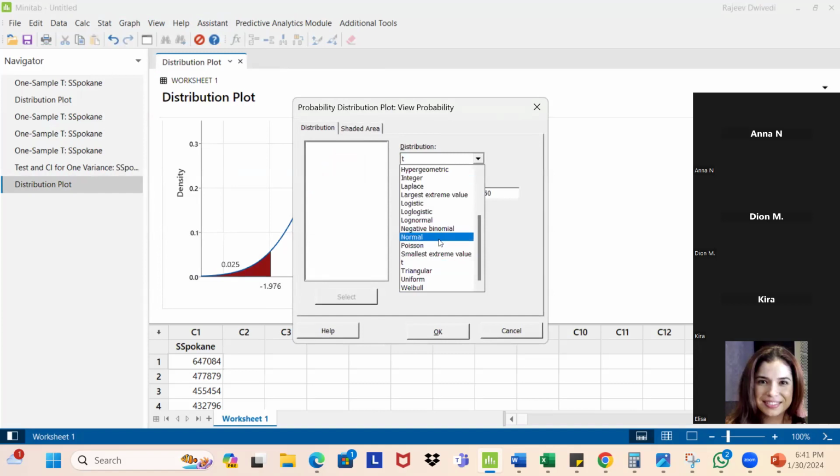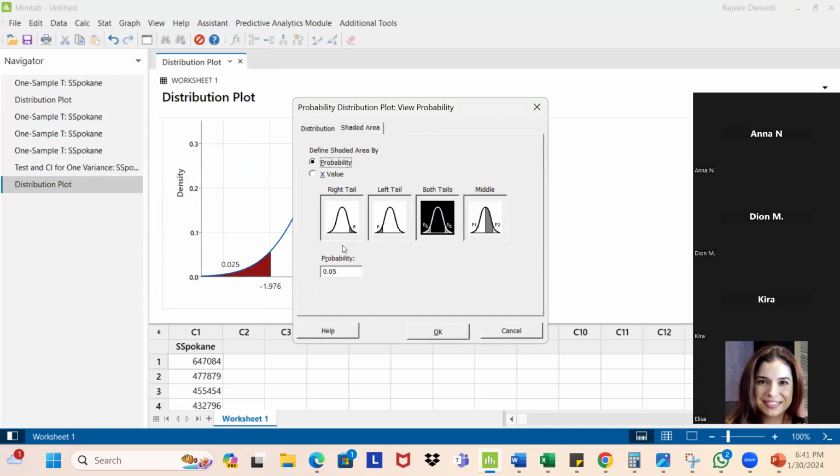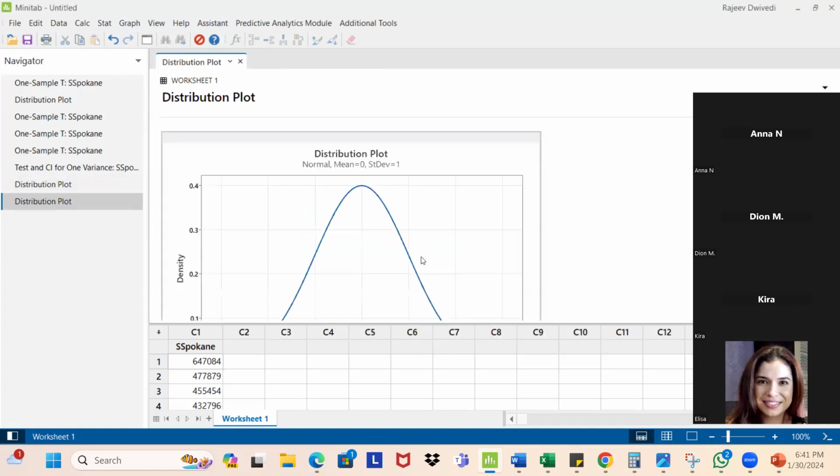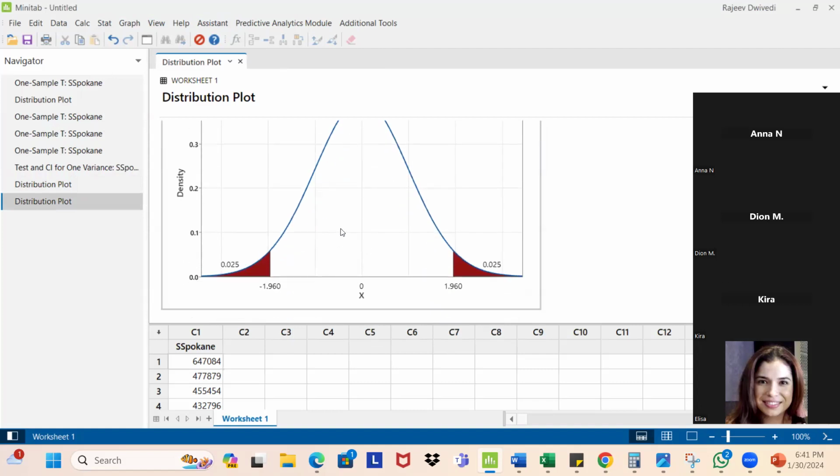And normal, and I can do it for 5%. Okay. So now you see 1.96, this is the normal distribution. I mean, always 95% is plus minus 1.96.